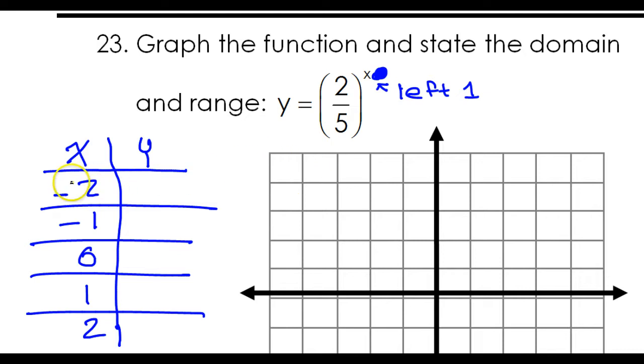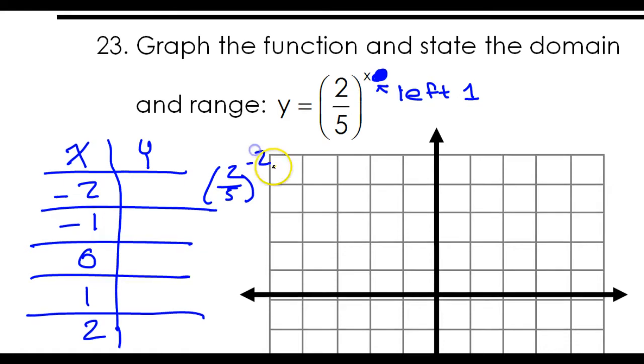So, if x is -2, what does that mean? That means I have 2/5 to the -2 power. But the -2 power makes it the reciprocal. So this would be 5/2 squared. Okay, you do the reciprocal and you make it positive.